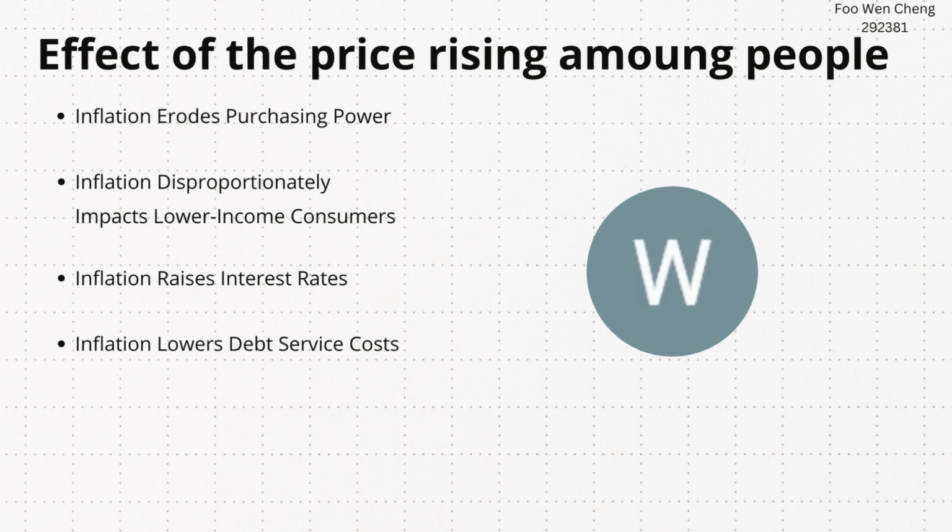Second, inflation disproportionately impacts lower income consumers. Lower income consumers tend to spend a higher proportion of their income on necessities than those with higher income. This means they have less of a cushion against the loss of purchasing power in inflation.